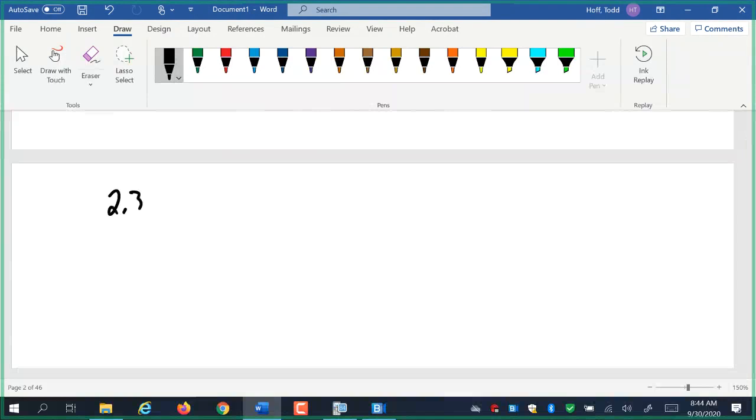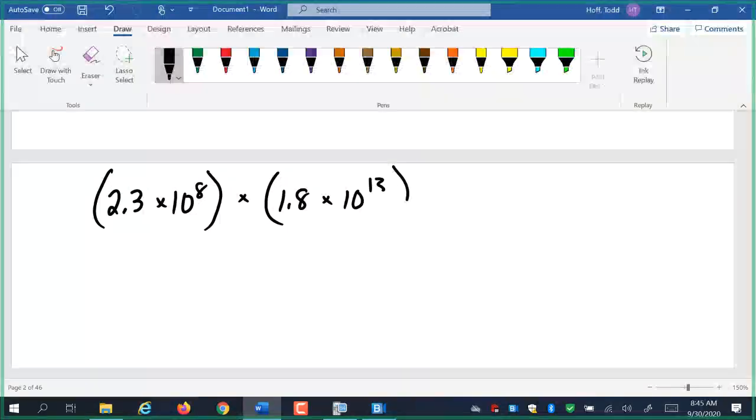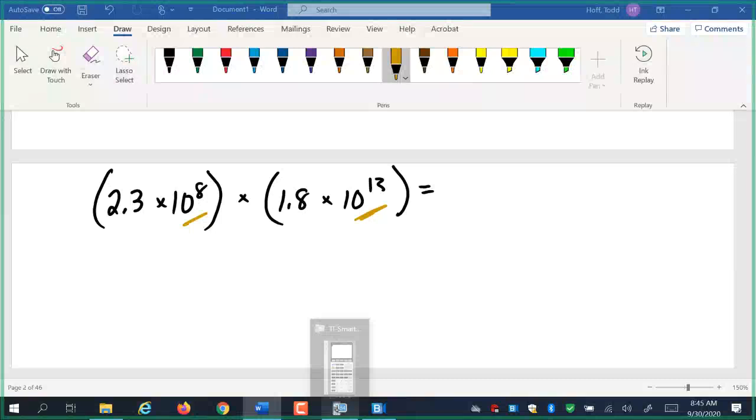So we might have 2.3 times 10 to the 8th times 1.8 times 10 to the 13th. It does not matter that those are different powers of 10, because when we multiply, we do not need the same name.